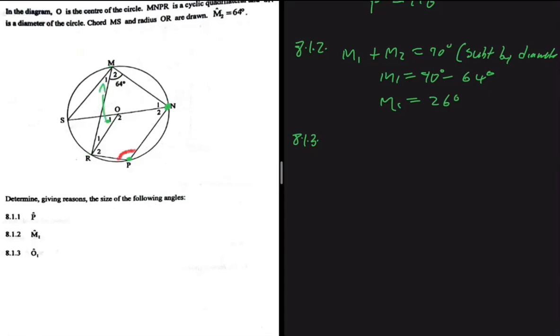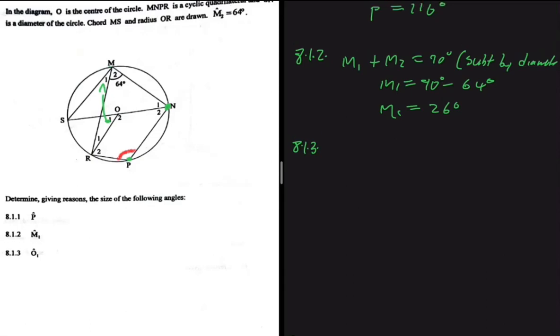Because an angle at the center of the circle is twice the angle at the circumference if they are from the same arc, right? You can see here that O1 is subtended by SR, and the same is true with M1. O1 is at the center and M1 is at the circumference. So now we can say that O1 is equal to 2 multiplied by M1. But what is M1? M1 is 26 degrees, right? So 2 multiplied by 26, that should be 52 degrees.